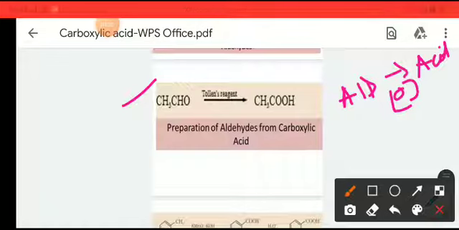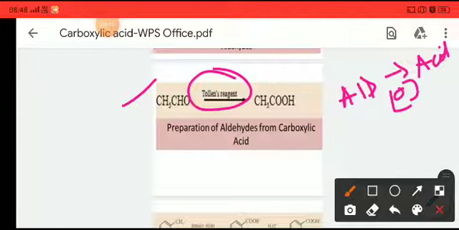That is why we are using Tollens reagent. Tollens reagent is not a strong oxidizing agent like KMnO4 or K2Cr2O7 or Na2Cr2O7. So while we oxidize alkane or alcohol, we need a strong oxidizing agent, but to prepare acid from aldehyde or ketone we use a mild oxidizing agent like Tollens reagent.